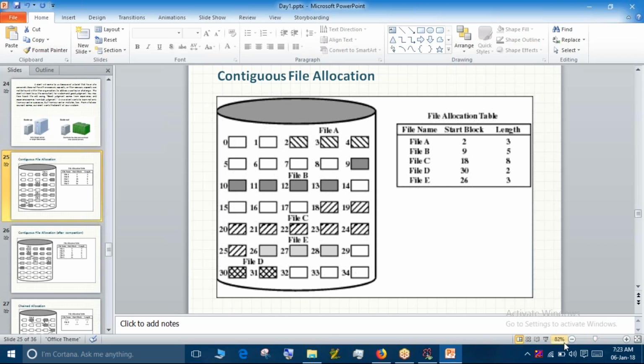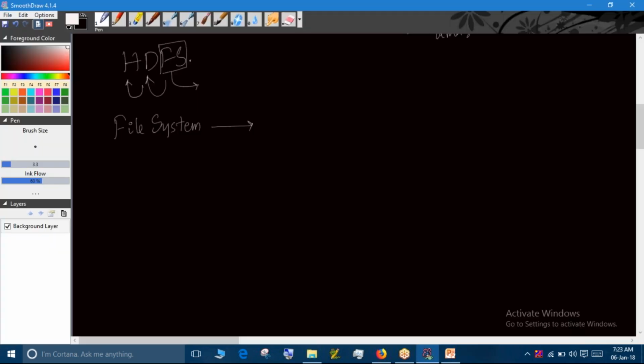Each may be of 4 KB, or 8 KB, or 16 KB, or 100 KB, or 1 MB, or 100 MB.